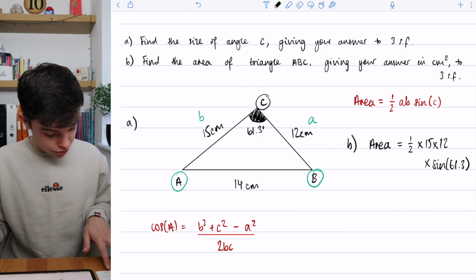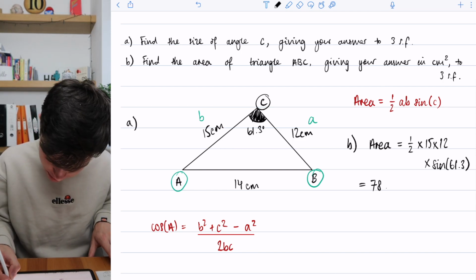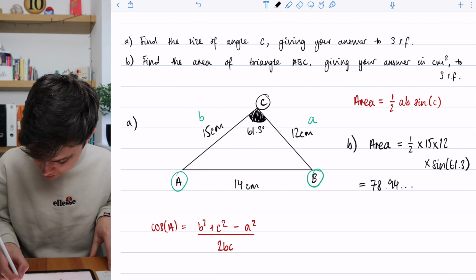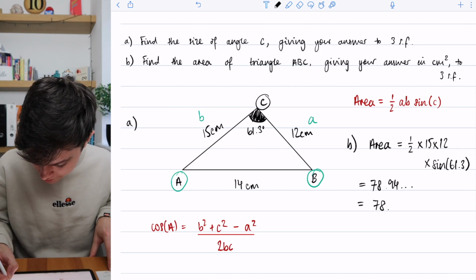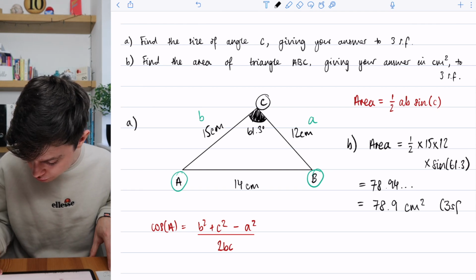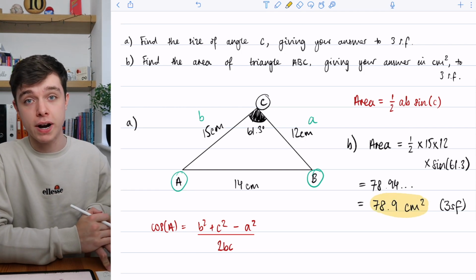Make sure you're in degrees and you will get this. The area is 78.94 ... and then to three significant figures, that's 78.9 centimetres squared to three significant figures. And that is the area of the triangle.